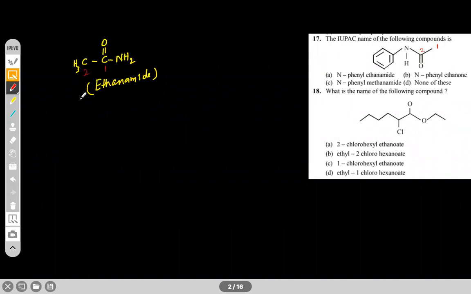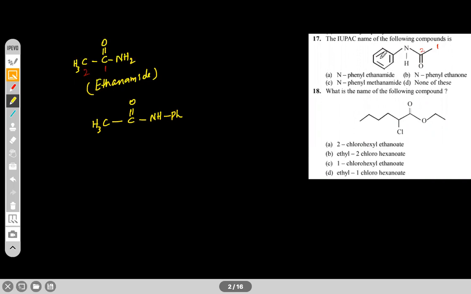In this one, we have one CH3 present here. C double bond O, and one H is replaced by the phenyl group, Ph, which is nothing but this ring.